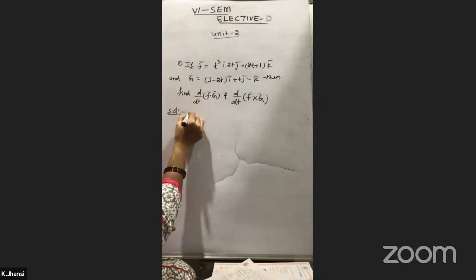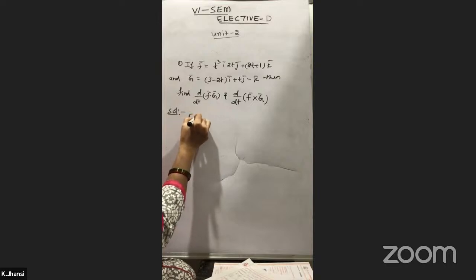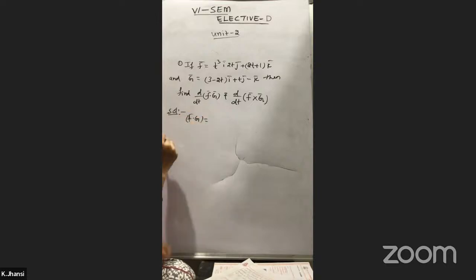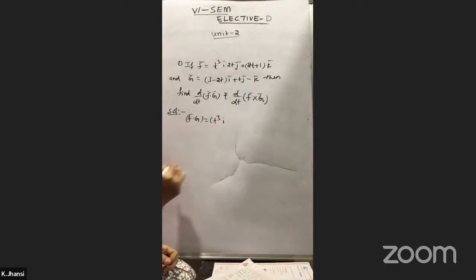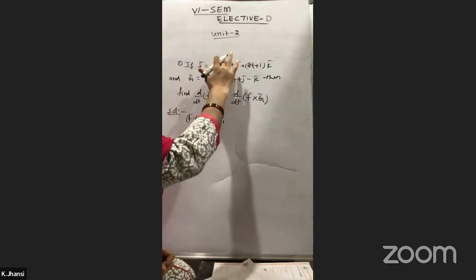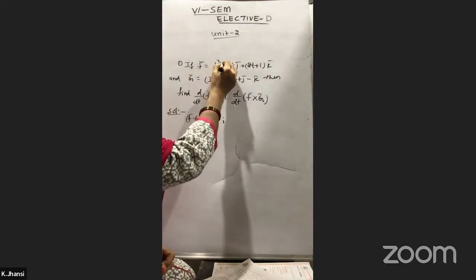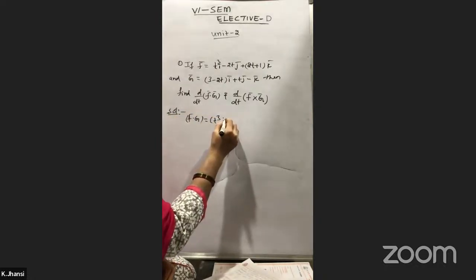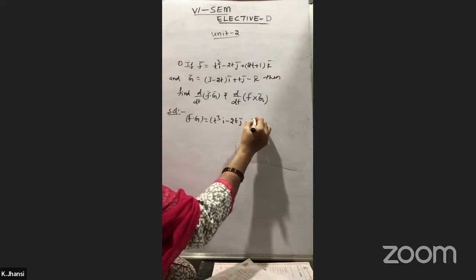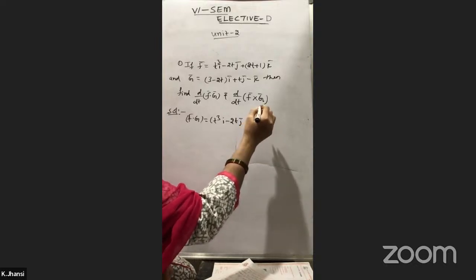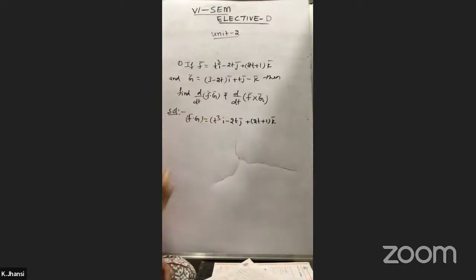So f dot g is equals to, f is t cube i minus 2t j plus 2t plus 1 into k.